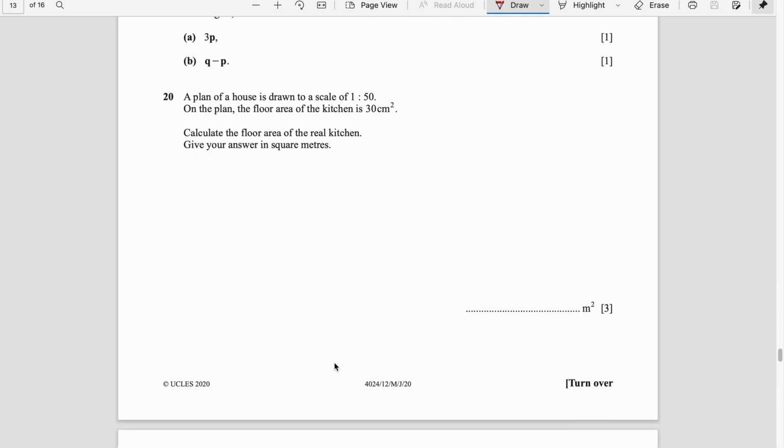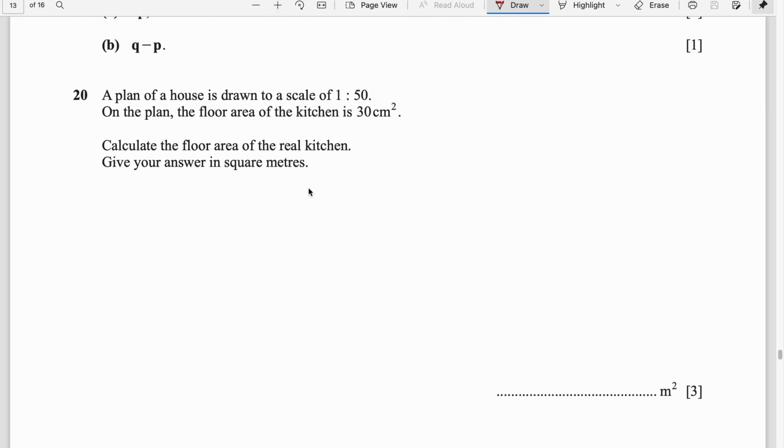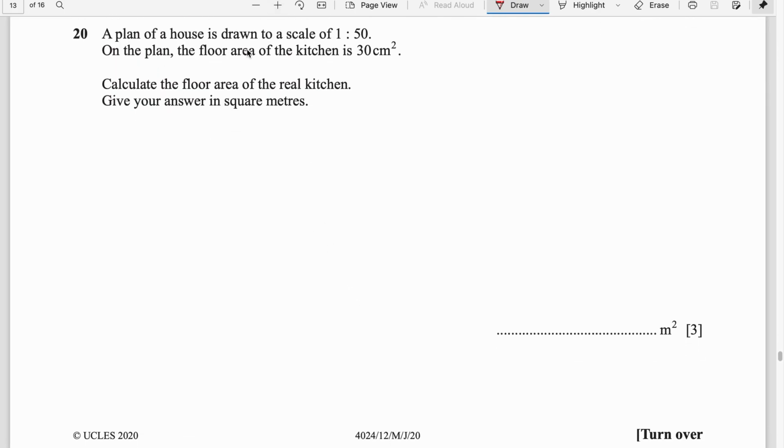Question number 20. A plan of a house is drawn to scale 1:50. On the plan, the floor area of the kitchen is 30 centimeter squared. Now this 1:50 is actually the length scale. To convert the scale into area, you need to take the square on both sides. So 1 squared and 50 squared: 5 times 25, and 2 zeros.